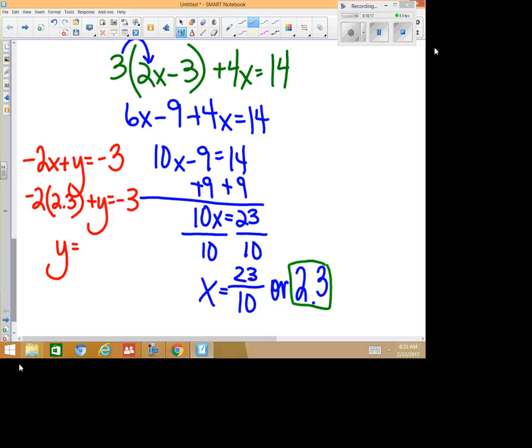Do you agree? I did the other first. It'll be the same. Best part about that, Grace can use the first equation, Maggie can use the second one, you should still get the same thing. 1.6. I thought you said 1.3 and I was like, why did I get 1.6? So this is what we're getting.